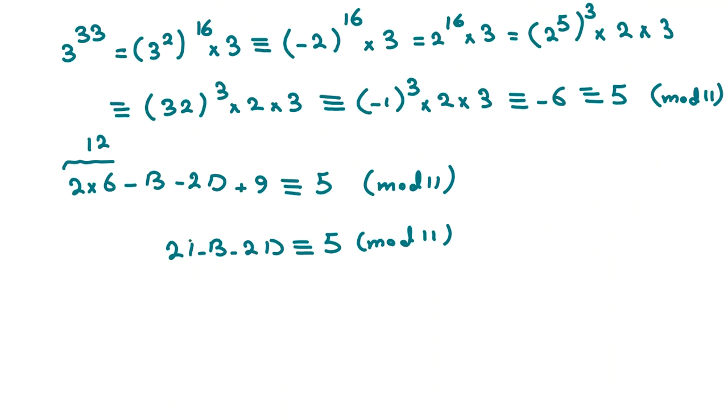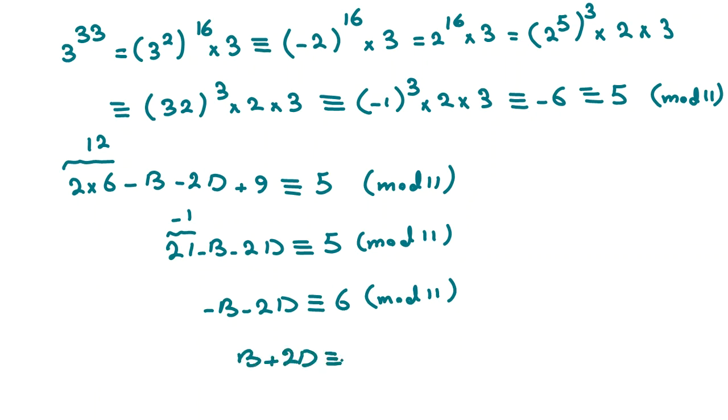So we can say 21 mod 11 is negative 1. So negative b, negative 2d, you take negative 1 to the right side, 1 plus 5, 6 mod 11. So it will be b plus 2d is negative 6. We add 11, it's 5 mod 11.